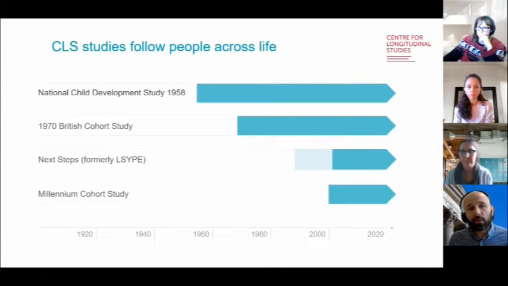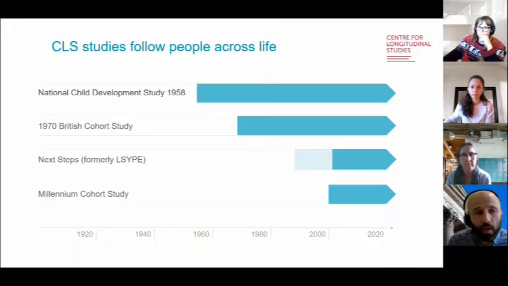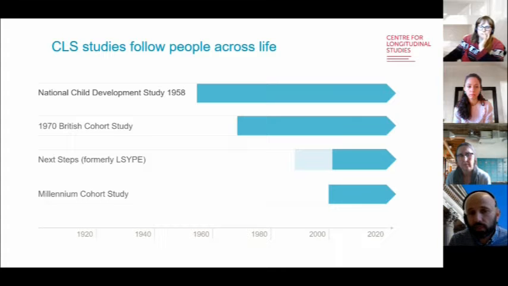So as I say, just a brief introduction to the CLS cohorts to start off with. At CLS, we run 4 cohort studies, the 4 listed here. The National Child Development Study is a study of all babies born in 1 week in 1958 in Great Britain, so England, Wales and Scotland. The 1970 British Cohort Study similarly covers Great Britain and its babies born in 1 week in 1970.